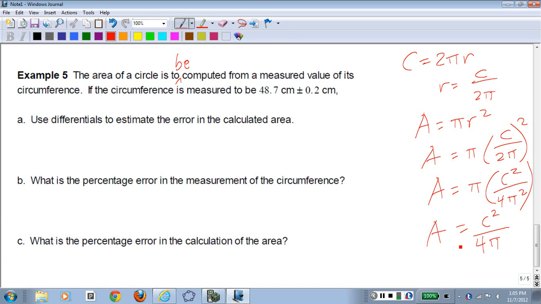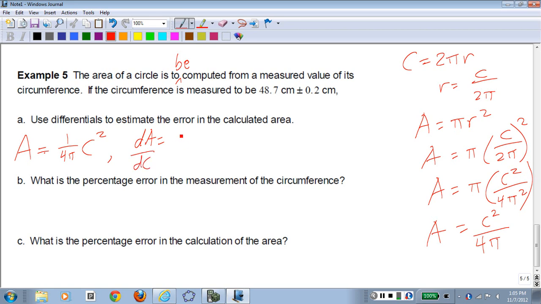Let's see. So this is our A. A equals, let's say, 1 over 4 pi times c squared. So what we want to do, the error in the area is delta A. We want to approximate that using dA. So we want to find dA. So we're thinking take the derivative, maybe dA dc.